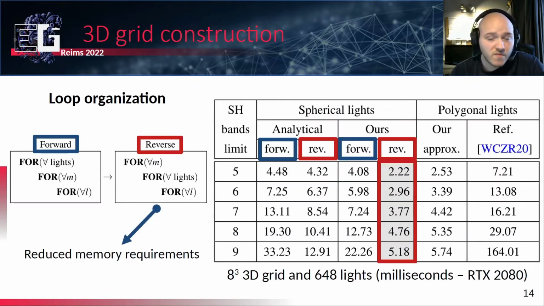Last but not least, before mentioning the results, it is the loop organization that is crucial for the performance of our method. The natural approach, which we call here the forward approach, consists in looping over all the lights to accumulate the spherical harmonics coefficients and their gradients.